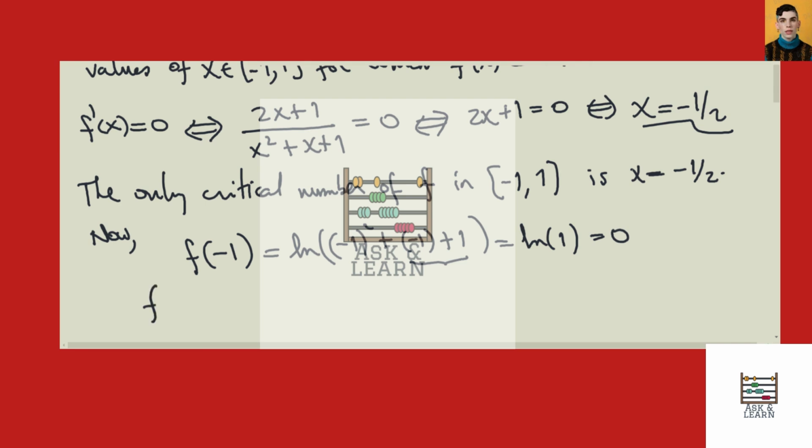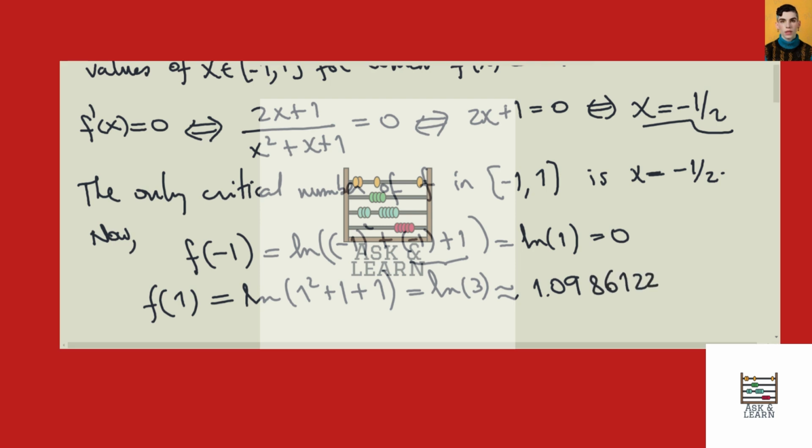Then f at 1, the right endpoint, is natural logarithm of 1 squared plus 1 plus 1, that is natural logarithm of 3, which is about 1.0986122887.